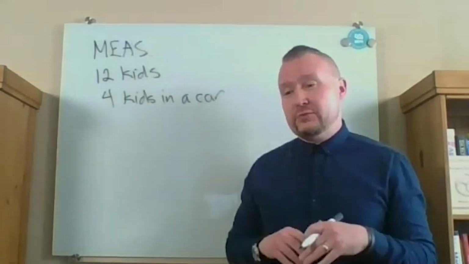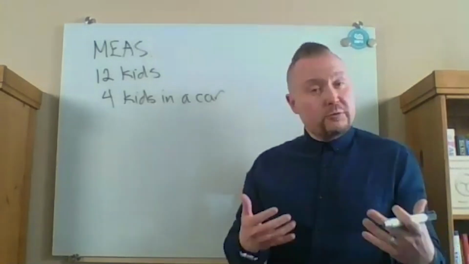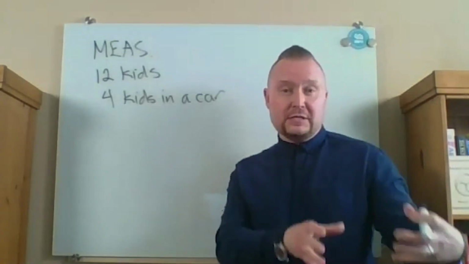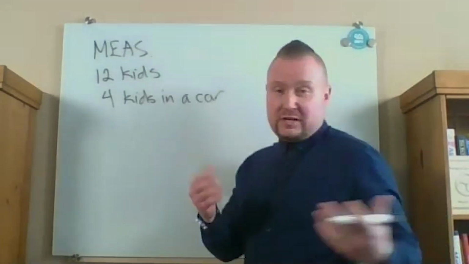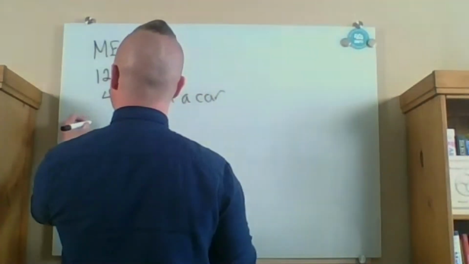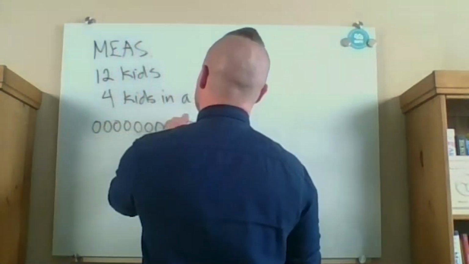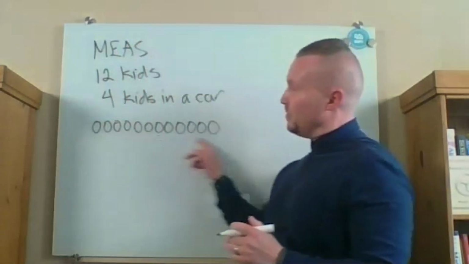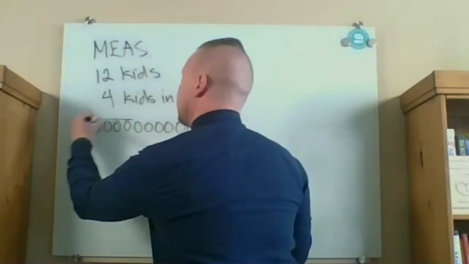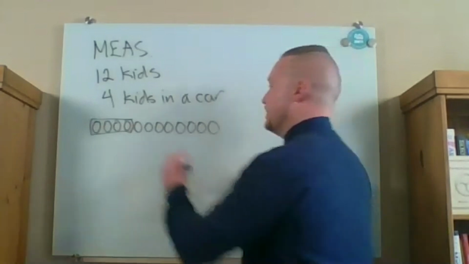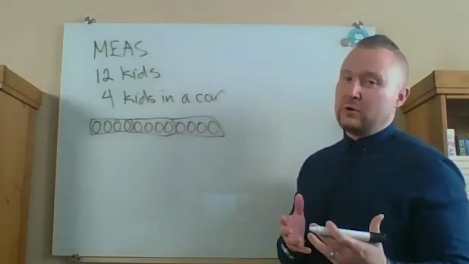So if you were to give this problem to a young student who doesn't necessarily know any division techniques, usually what they'll do is model it with a physical enactive model, or they'll draw an iconic visual picture. So let me just draw kind of an informal diagram of what kids often do. So we've got our 12 kids, and then young students are going to figure out, okay, there's 1 car, there's 2 cars, there's 3 cars, and that's how they would solve the problem.